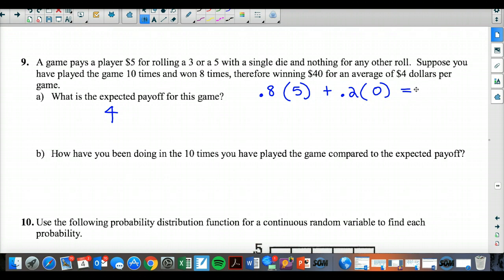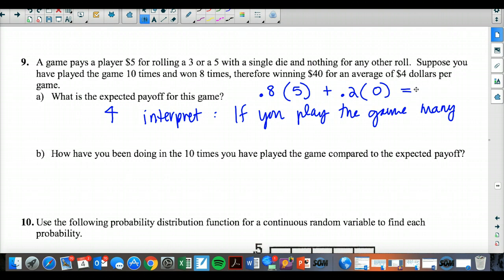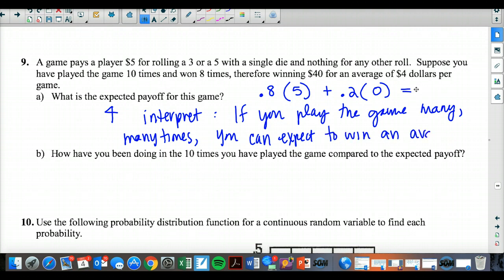So how would I say this if I had to interpret? If you play the game many times, to win an average of $4 per game.